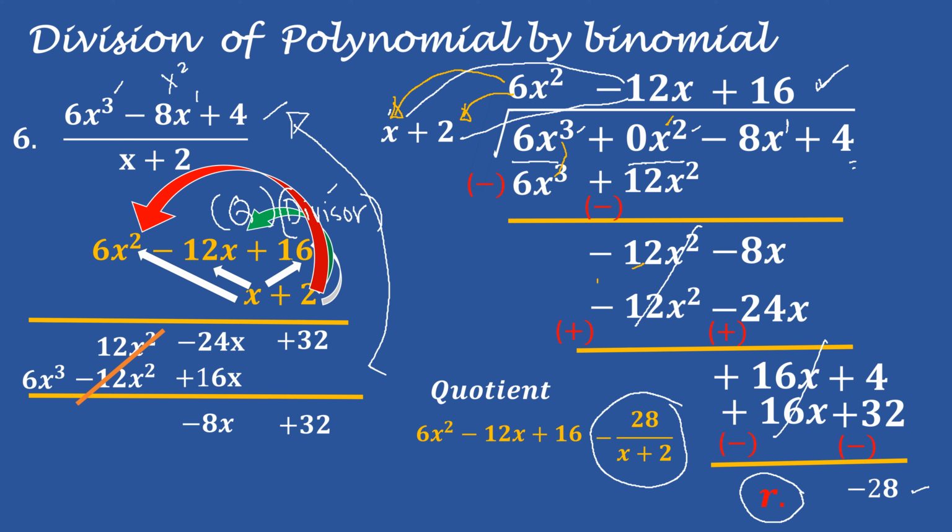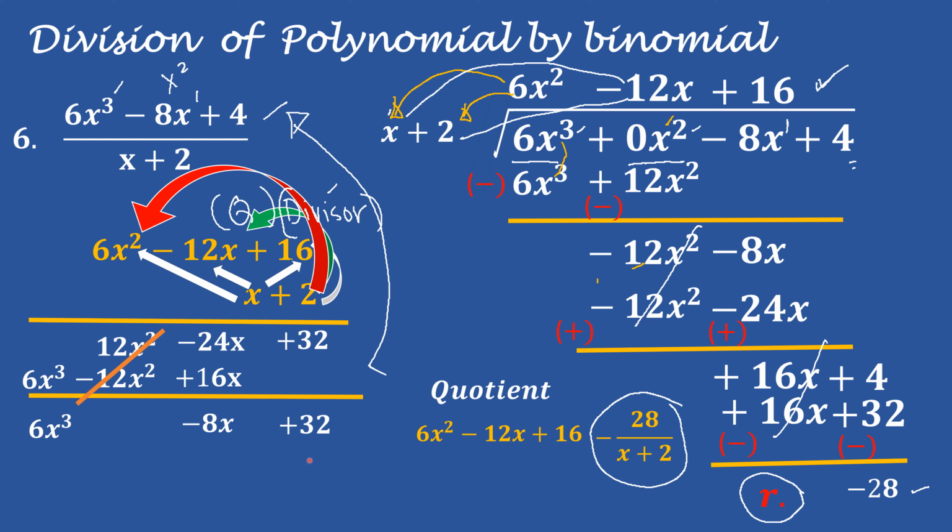And then that is already cancelled because positive 12x squared and negative 12x squared is 0 already, so no need to write the 0 there. And so far our dividend: 6x cubed minus 8x plus 4.